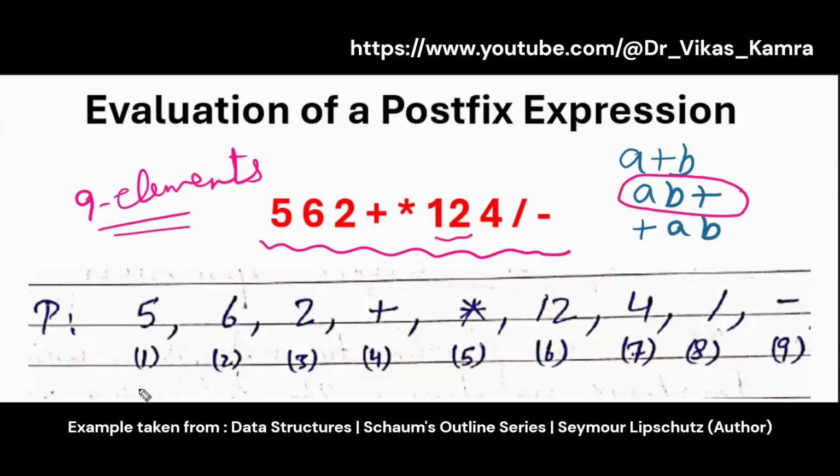First is 5, second is 6, third is 2, fourth is plus, fifth is multiply, sixth is 12, seventh is 4, eighth is divide, and ninth is minus. Now, I have to find out the value of this particular postfix expression.